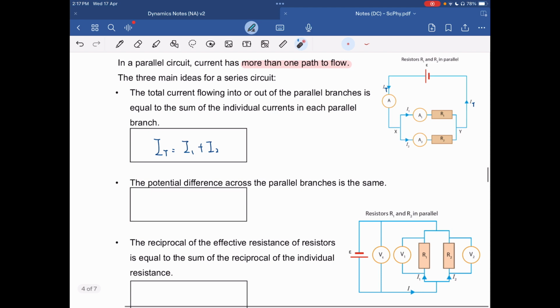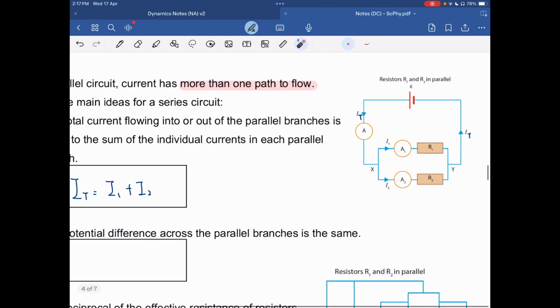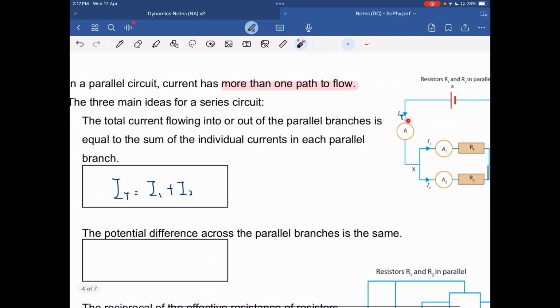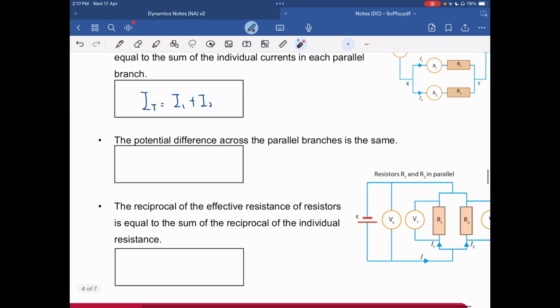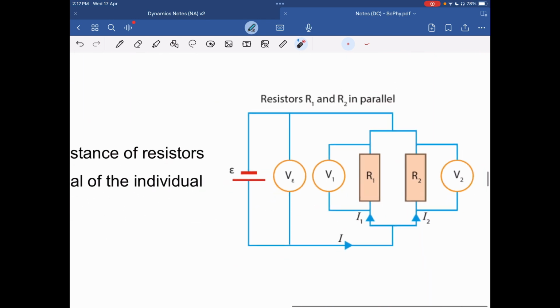Afterwards, how would the potential difference be like? As evident from the video just now, the potential difference for the first component versus the second component, and then this is the potential difference of the EMF.